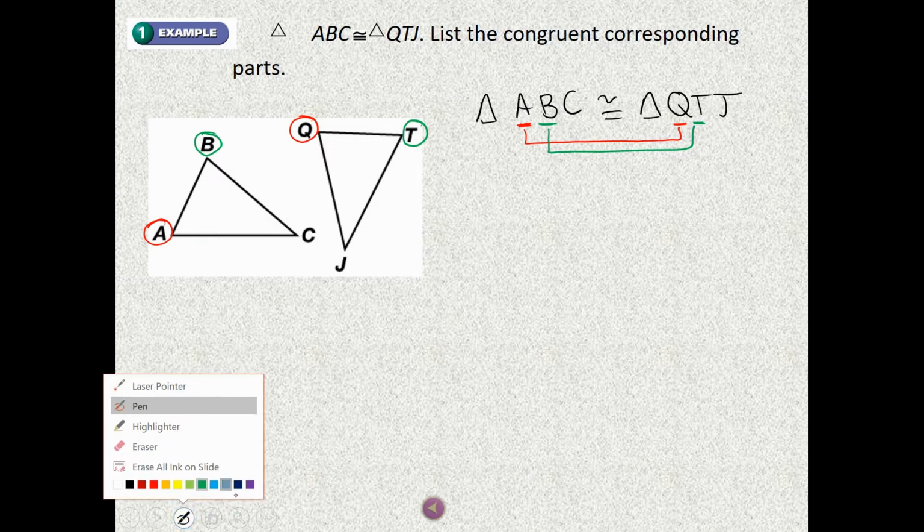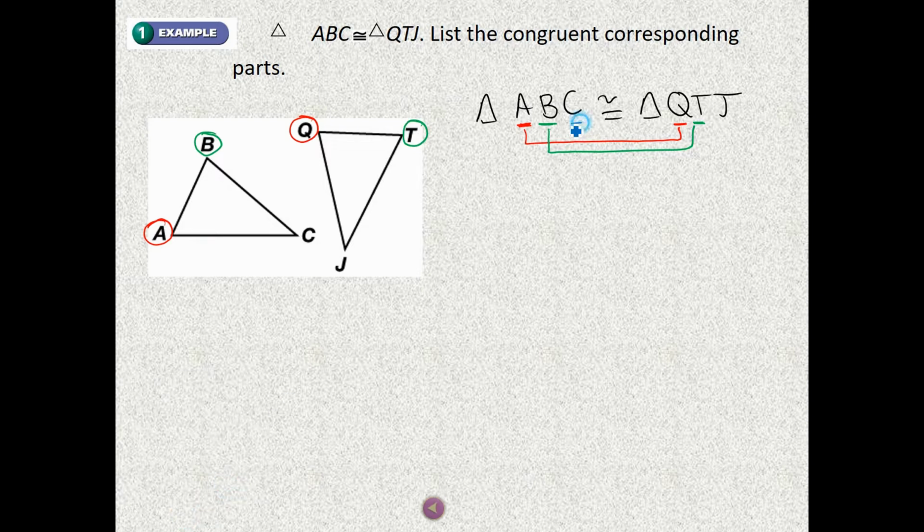And finally, since C is in the last spot and J is in the last spot, those two correspond. So C and J are corresponding parts.